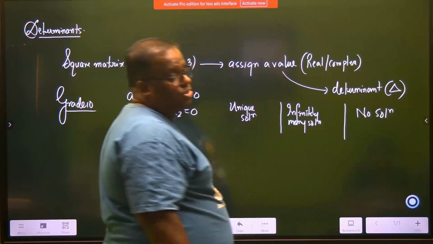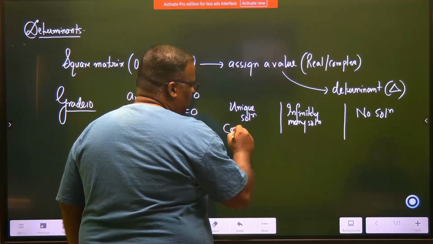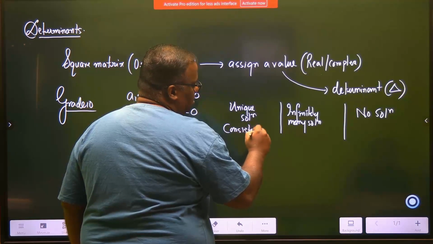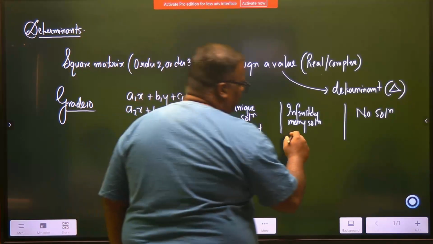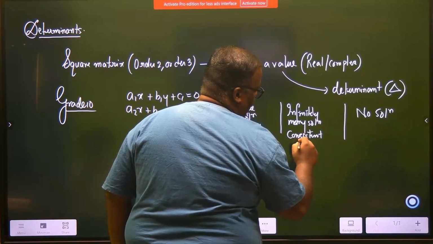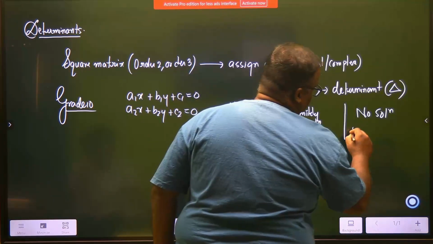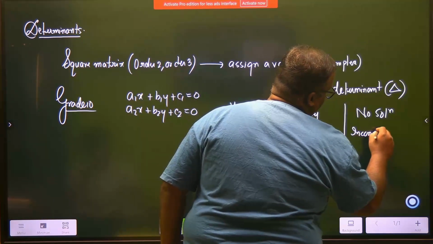Time for us again to check the names. If you have a unique solution, then you used to call it a consistent system of equations. If you had infinitely many, then you said it is consistent but dependent. And this one was known as inconsistent.